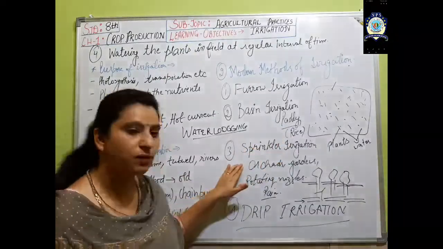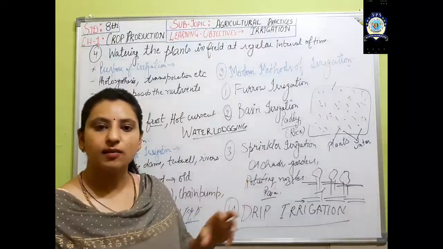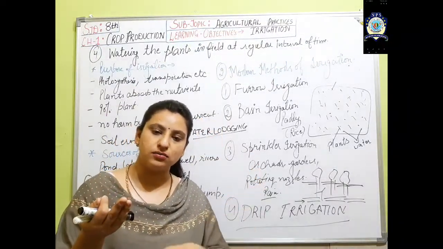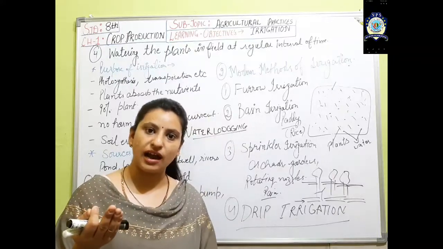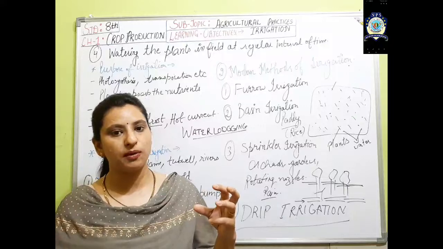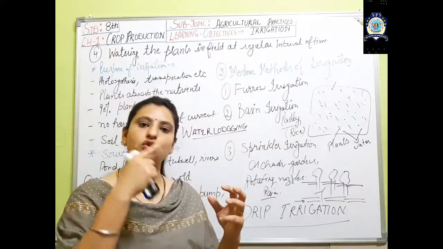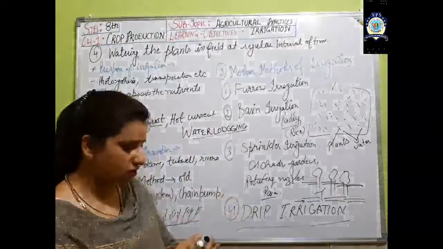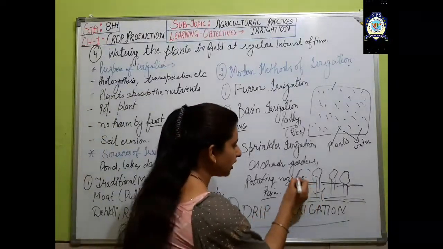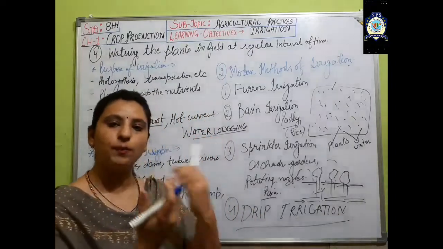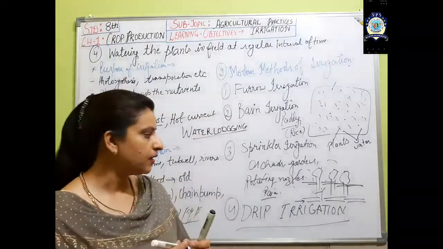The third one is sprinkler irrigation, in which long tubes are raised from the bottom of the land and have rotating nozzles, and when the water comes with pressure, those nozzles start rotating and the water is sprinkled out like rain. So it is just copying rainfall.